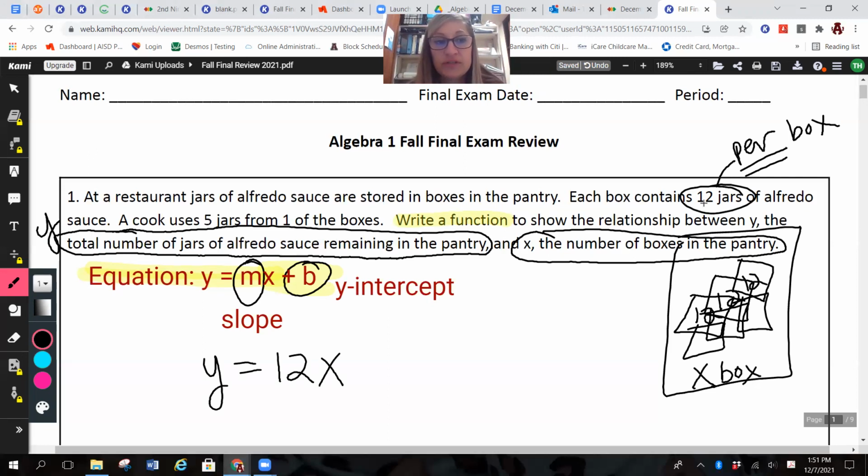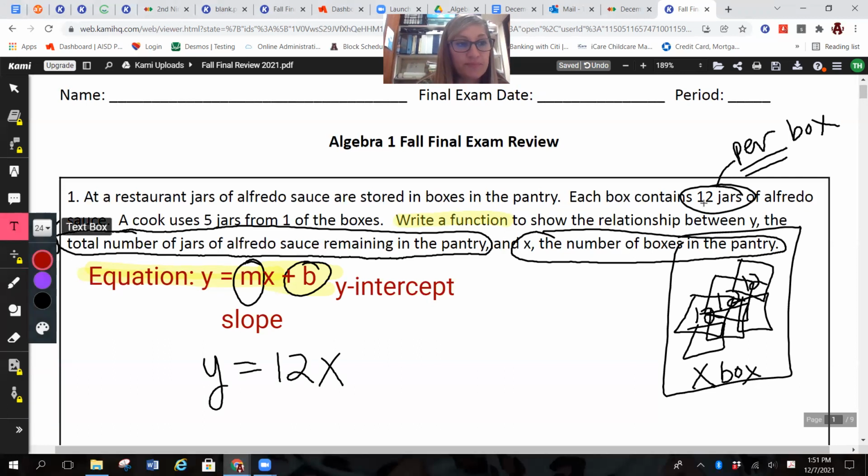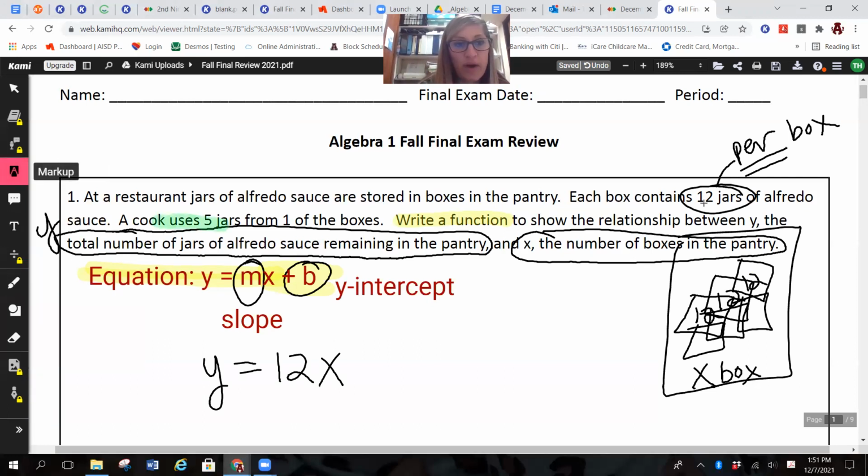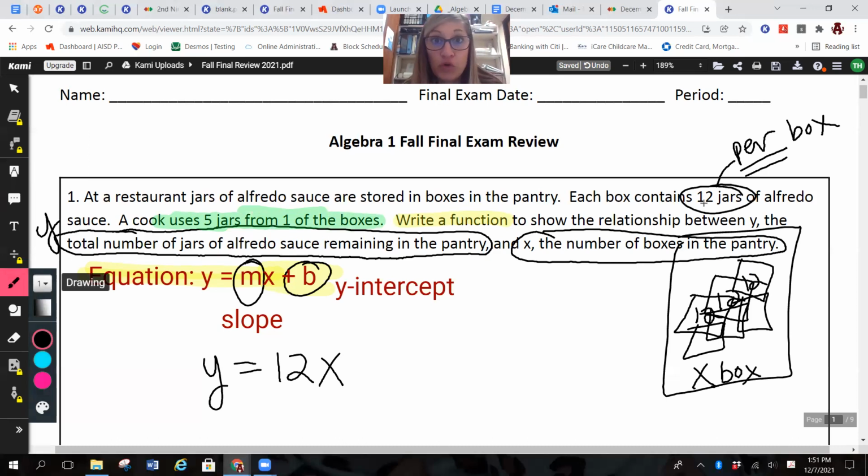A cook uses 5 jars out of one of the boxes. So what happens when you're using 5 jars? Well, if you use 5 jars, you had to open up the pantry, take 5 jars out of the box, and go make something with it. So I had to take out 5 jars.